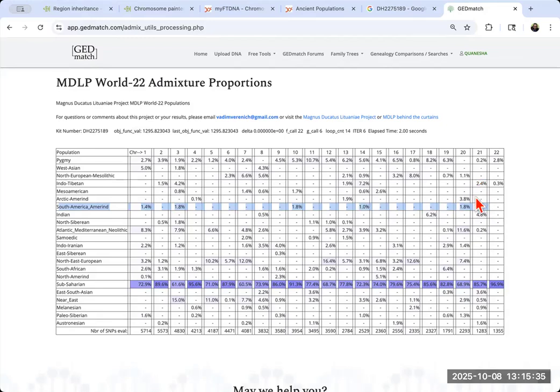You have the Arctic American Indian coming up. So when you combine all of these American Indians as well as the Paleo-Siberian, even down to Southeast Asian, although they're small and not necessarily dominant, it doesn't mean that's not the case.